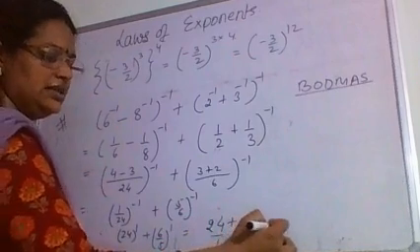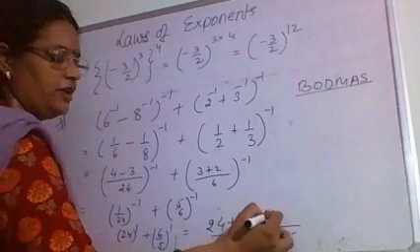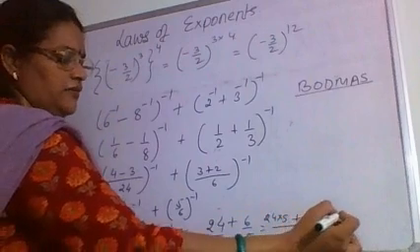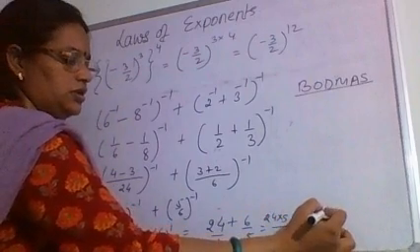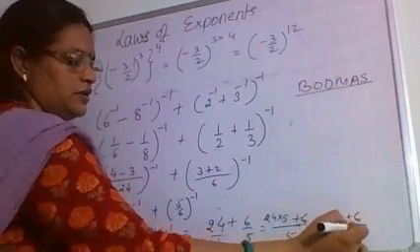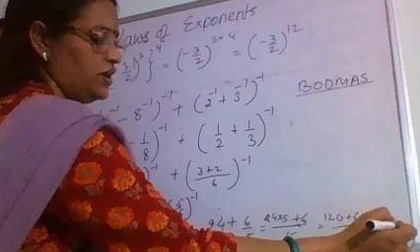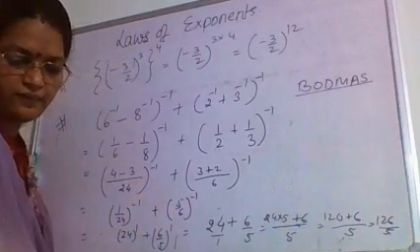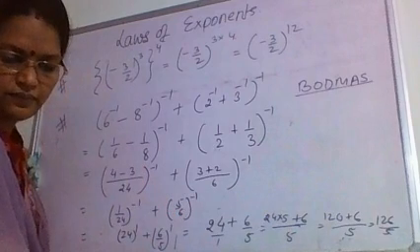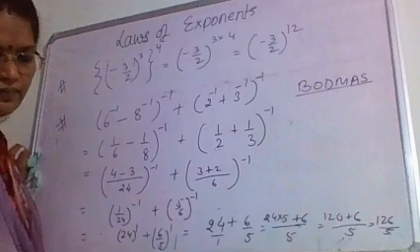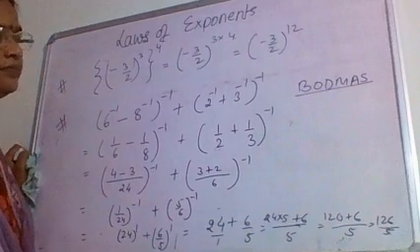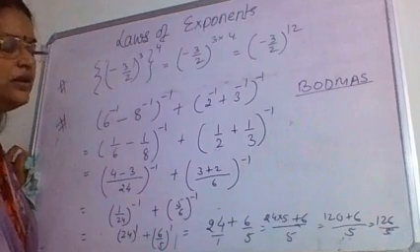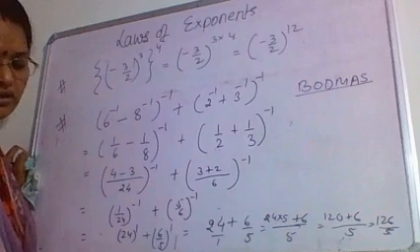Taking LCM, the LCM of 1 and 5 is 5. 24 into 5 plus 6 is 126, divided by 5. So 126 by 5. This is how we solve the question.